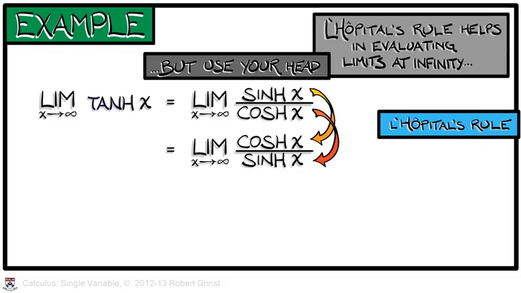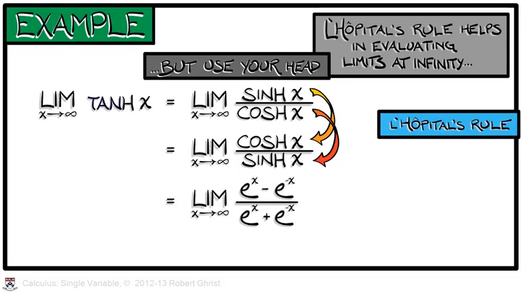And so we get the limit as x goes to infinity of the hyperbolic cotangent of x. I don't know what that is, so let's apply L'Hopital's rule again. The derivative of sinh is cosh, and of cosh is sinh. And unfortunately, we're stuck in a loop, and we'll never get anywhere.